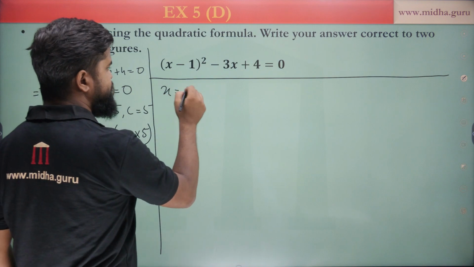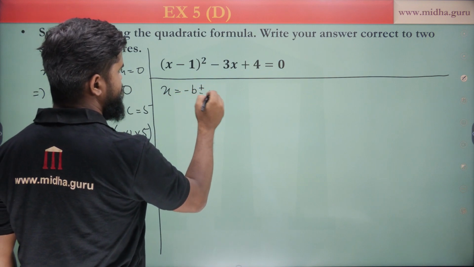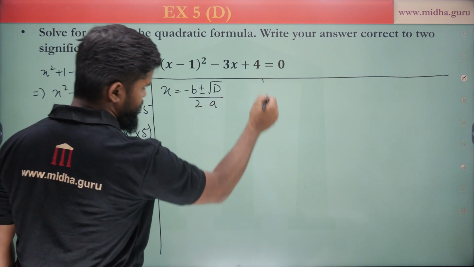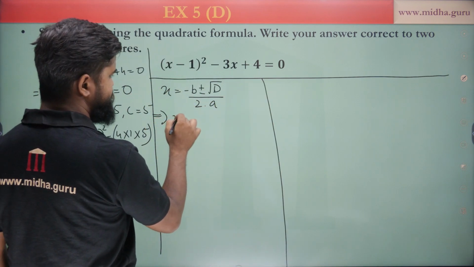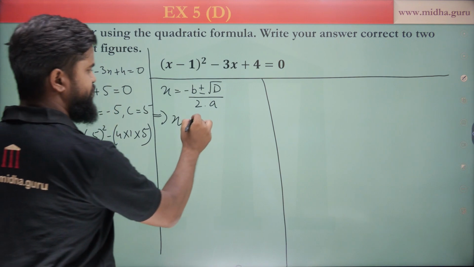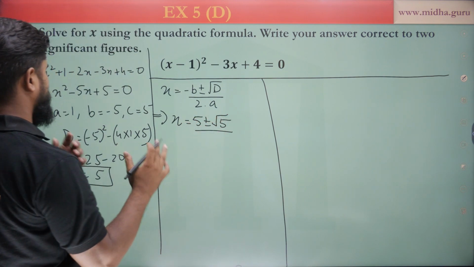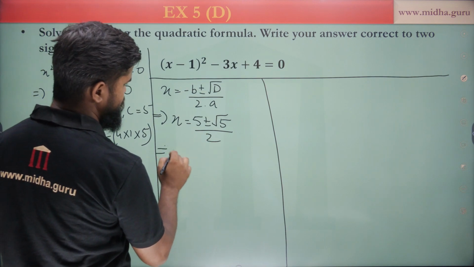Now x is equal to minus b plus or minus the root of the discriminant by twice of a, which means x is equal to, since b is minus 5, 5 plus or minus the root of 5 by 2 times of a being 1, which will be 2.